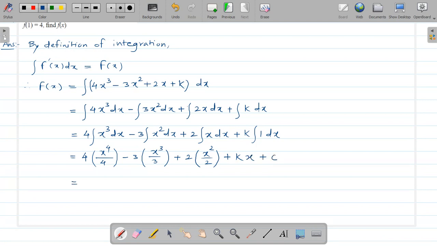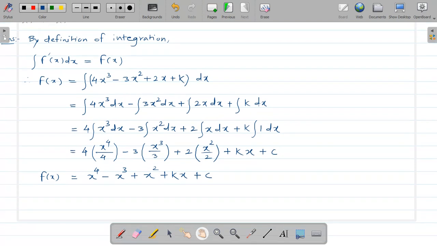Now you can simplify because 4 and 4 will get cancelled, hence you will get x raised to 4 minus, here also 3 and 3 will get cancelled, x cube plus, here also 2 and 2 will get cancelled, x square plus kx plus c. So after taking the integration of f dash x, we get f of x.